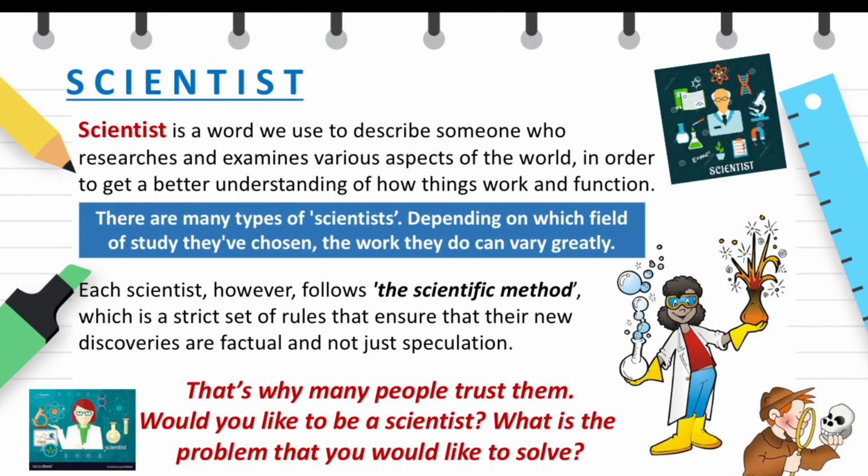Each scientist, however, follows the scientific method, which is a strict set of rules that ensure that their new discoveries are factual and not just speculation. That's why many people trust them. Would you like to be a scientist? What's the problem that you would like to solve?